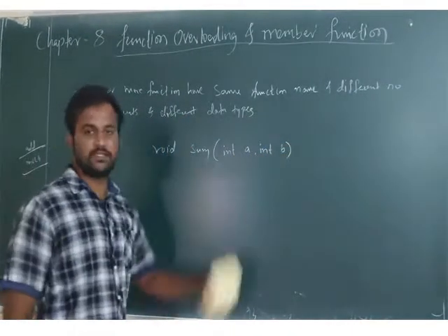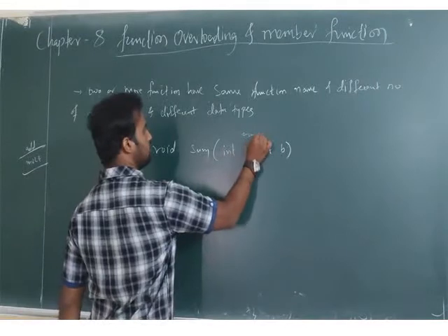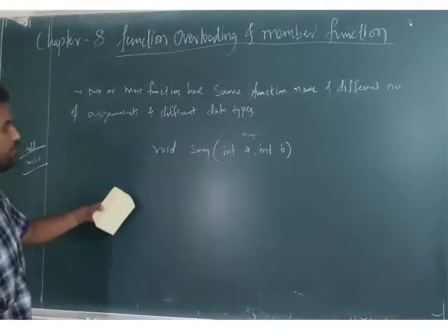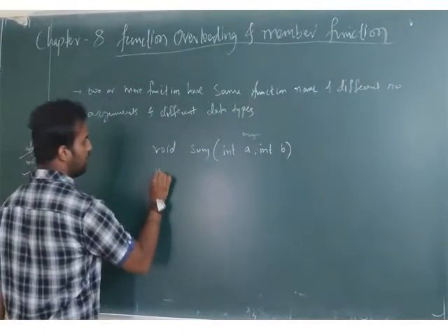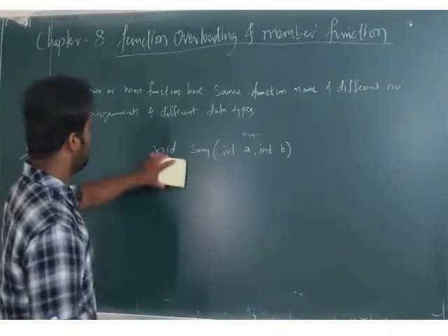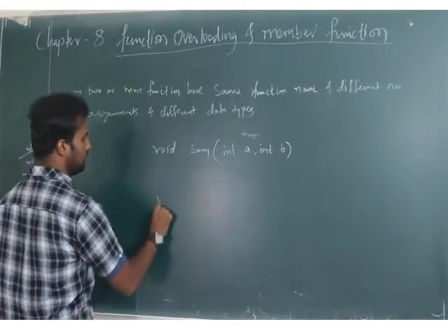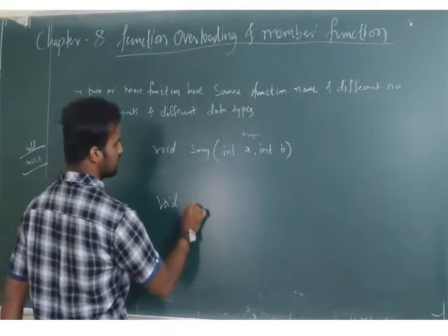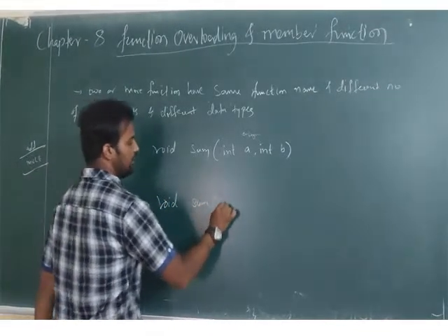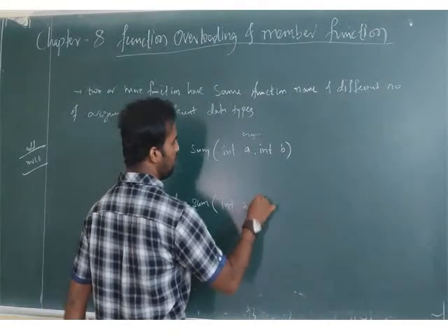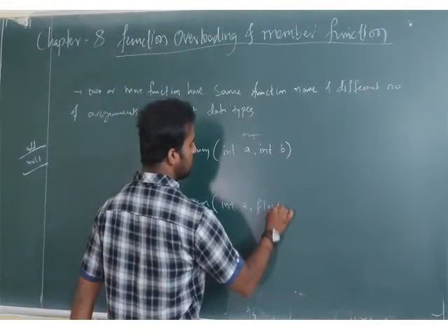So these are arguments. Now see, again I am going for multiplication. What I will write is void sum, integer a, float b.